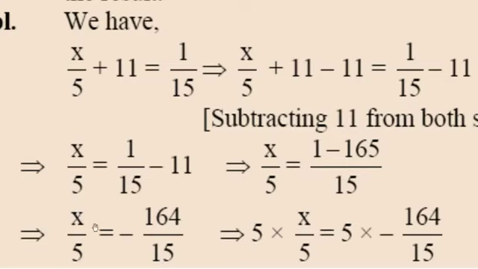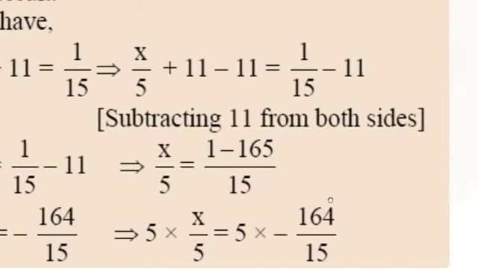Again we have by 5 here. We want to remove by 5. We need x. What we can do? We can multiply with 5 on left hand side and right hand side, both sides.